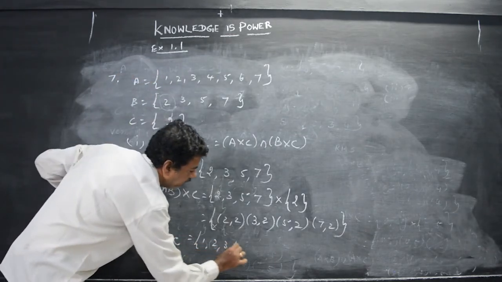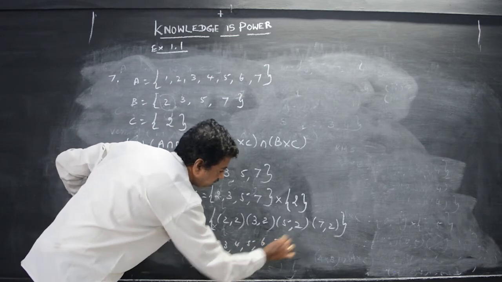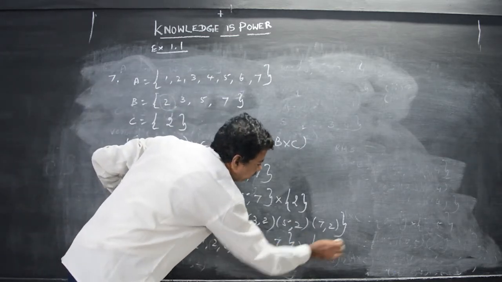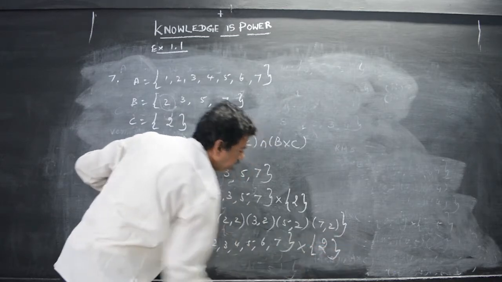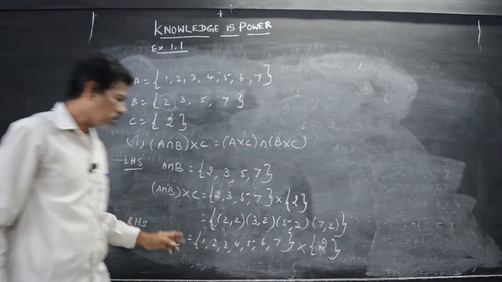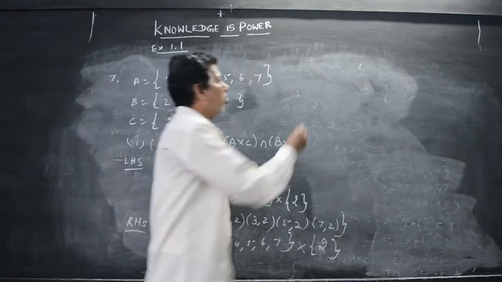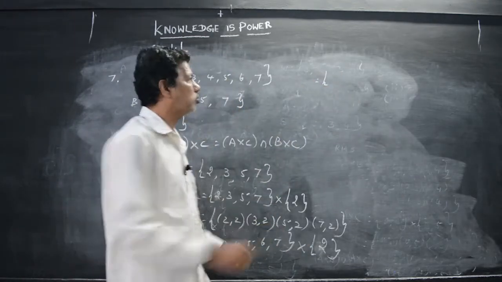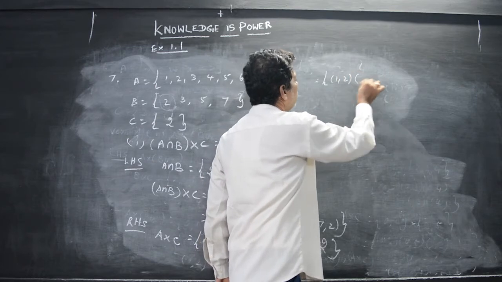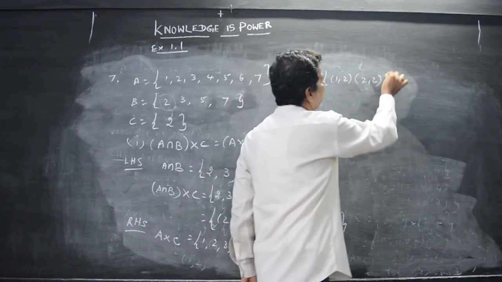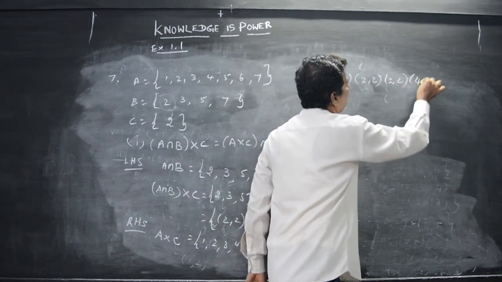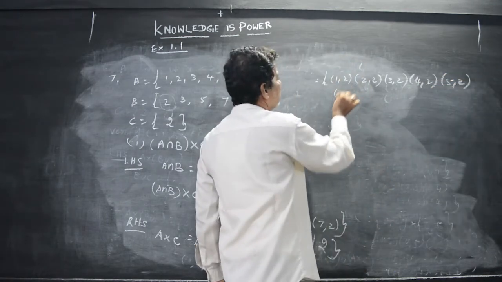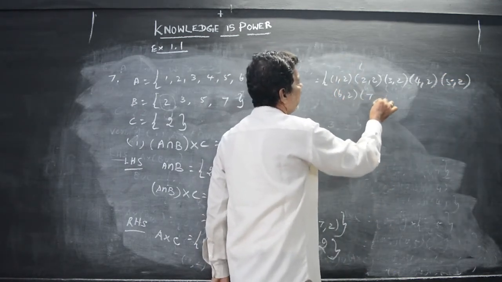1, 2, 3, 4, 5, 6, 7. Cross the C set, which is nothing but 2. Already we have it. Okay, A cross C: all the things you have to make a product. So what will we get? All the numbers paired with 2. So (1,2), (2,2), (3,2), (4,2), (5,2), (6,2), (7,2).